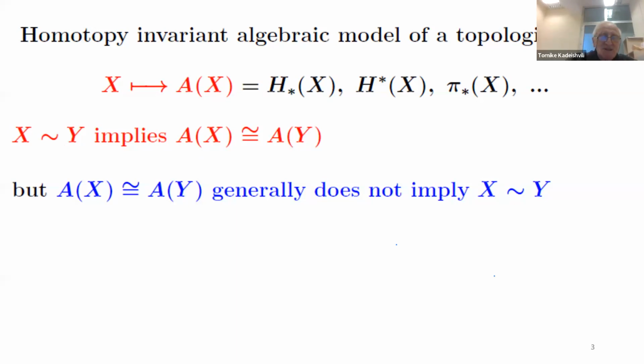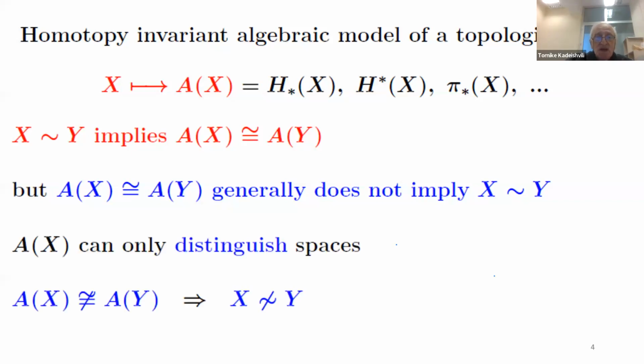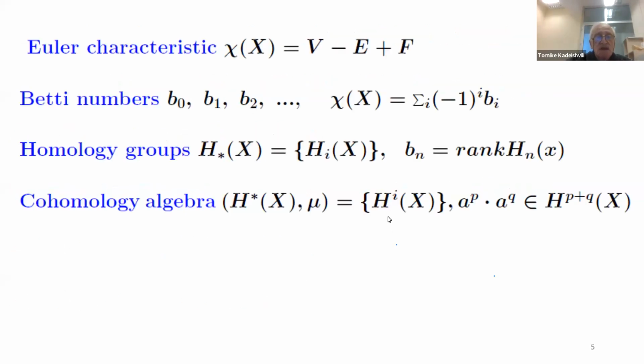Nothing comes without payment, and the payment is losing information. So isomorphism of models does not give equivalence of spaces.